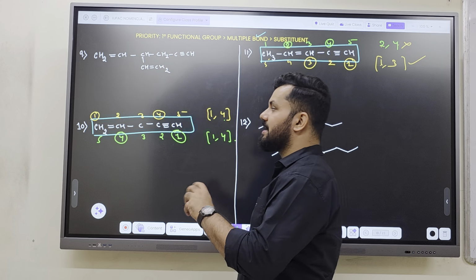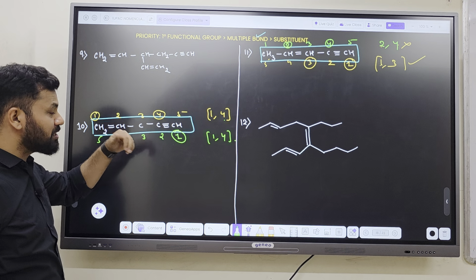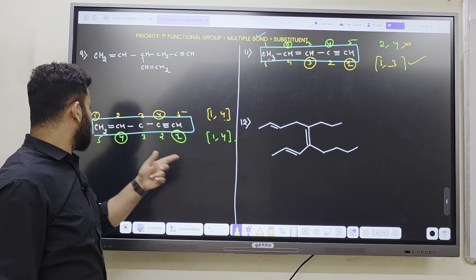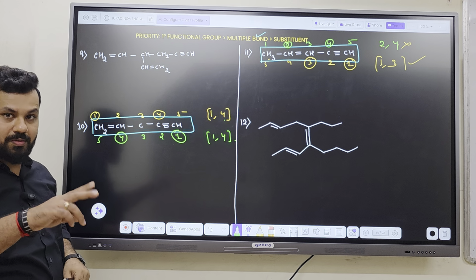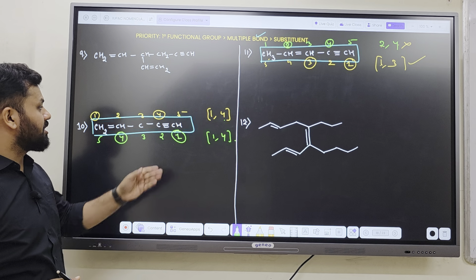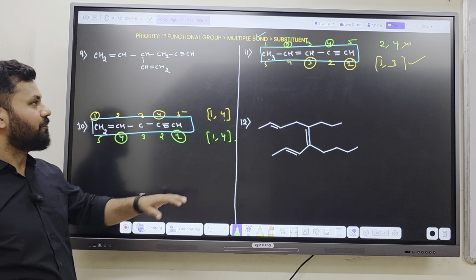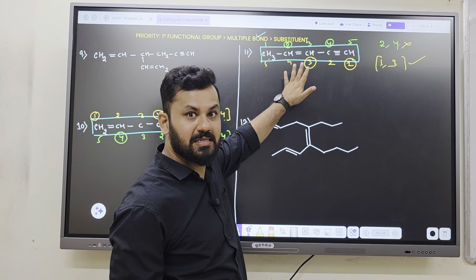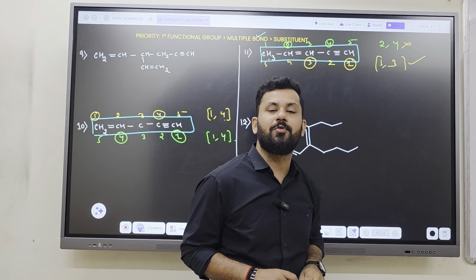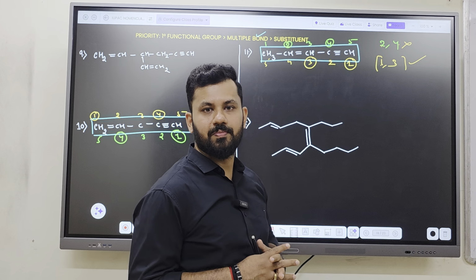And we cannot say that both ways are right, because in case 1, first position there is a double bond, fourth position there is a triple bond. But other way, at first position there is a triple bond and at fourth position there is a double bond. So there is a difference between saying that double bond is at first position or triple bond is at first position. In such cases, again, we will check this first, that is set of locants. Set of locants are different, then here you have your answer. First come, first serve. Whoever comes first will be chosen.